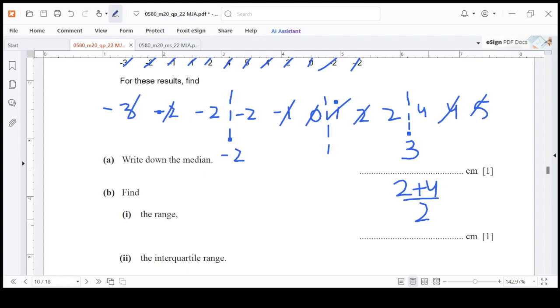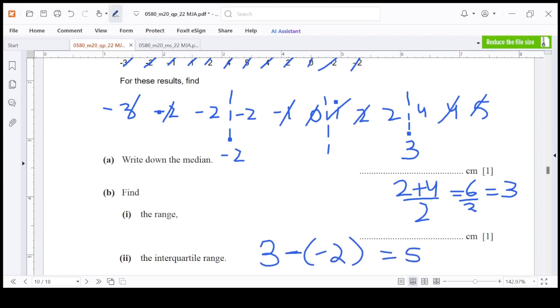That's how you find the mid value. That's how you find mean: you add them and you divide it with the total value. Okay, so the interquartile range is going to be upper quartile minus the lower quartile. It's coming out to be 5.